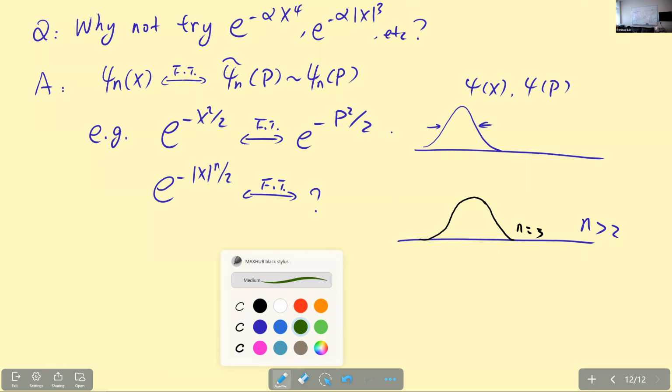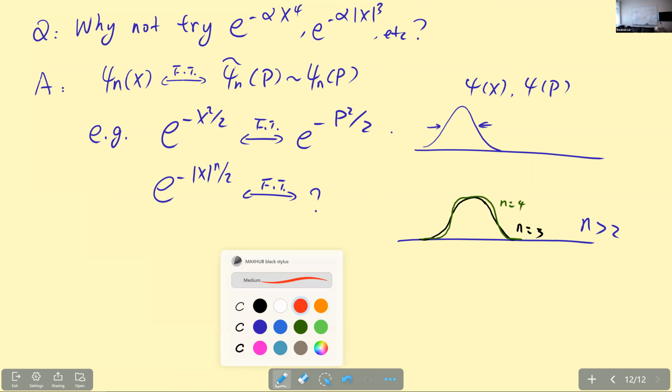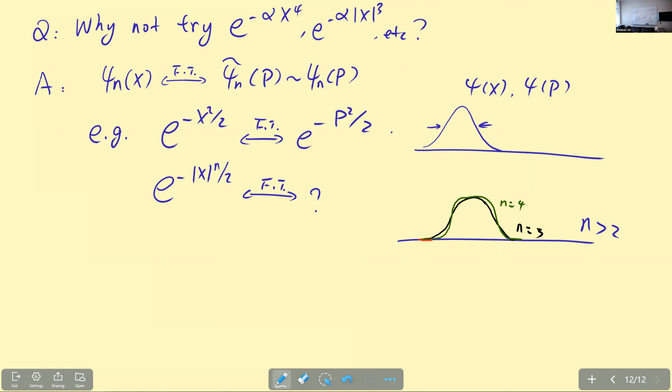And if we have an even bigger one, you're going to have this one. So this is the case n equal to 4. Or if we want to have an even bigger index, so this is n equal to, for example, 100.